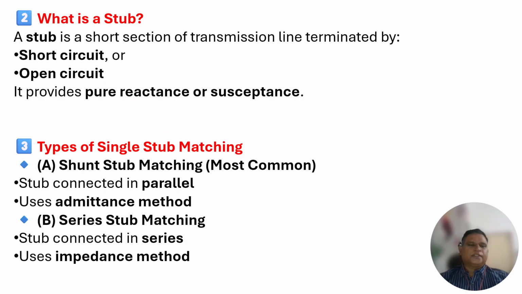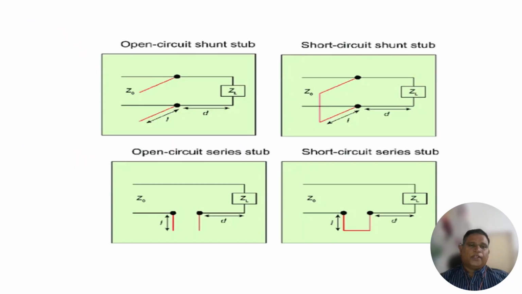The second one is series stub matching, where the stub is connected in series and uses the impedance method. Here we can see an open circuit shunt stub, an open circuit series stub, and this is a short circuited shunt stub and a short circuited series stub.